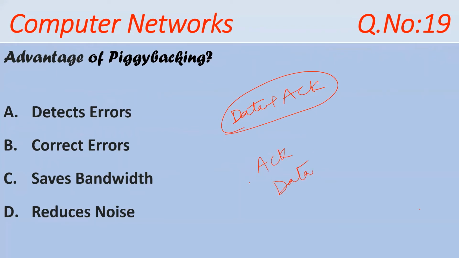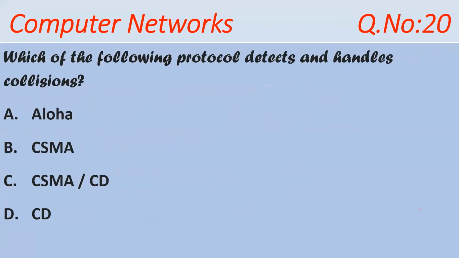If we send the data frame and the acknowledgement separately, more bandwidth is consumed. By combining these two together, we are saving the bandwidth. So the advantage of piggybacking is that it saves bandwidth.